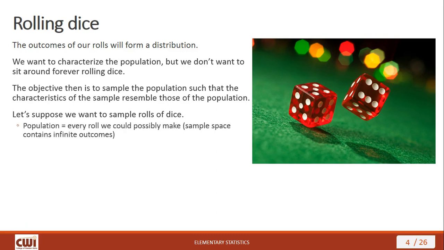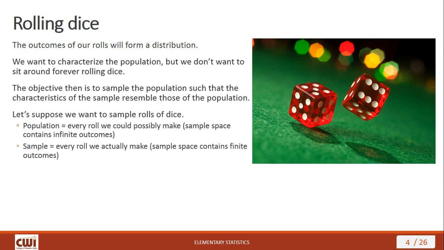The population for dice rolls would be every roll that we could possibly make. Here our sample space contains an infinite number of outcomes. As I said before, if we wanted to get the population of dice rolls, we'd be sitting around forever rolling dice. And I'm guessing most of us aren't going to want to be doing that.